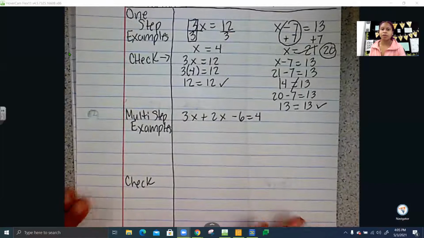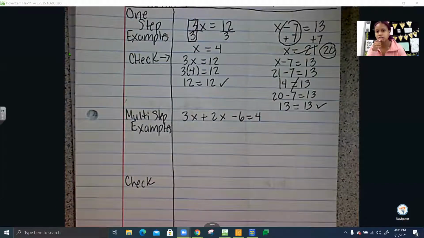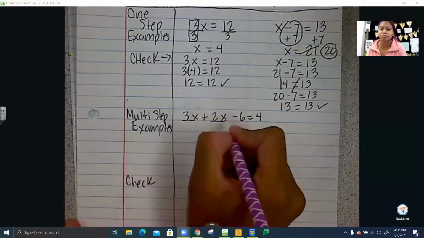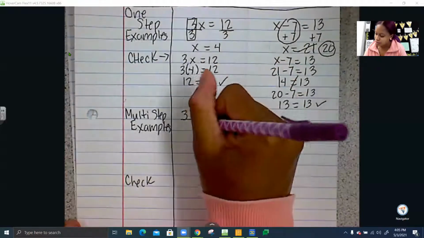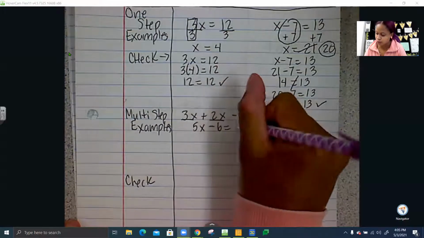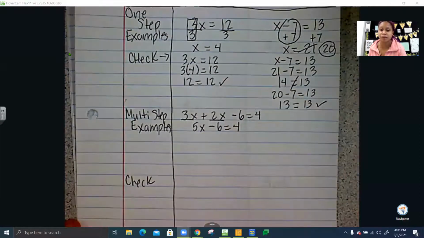All right, now we're going to move on to multi-step equations. So we have 3x plus 2x minus 6 equals 4. We already know 3x and 2x are like terms, so I can combine 3x plus 2x to 5x minus 6 equals 4. And remember, you just drop everything else down that you haven't used yet.